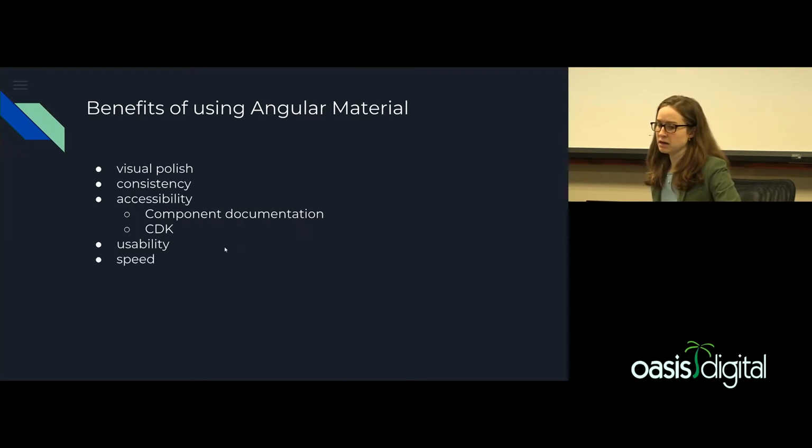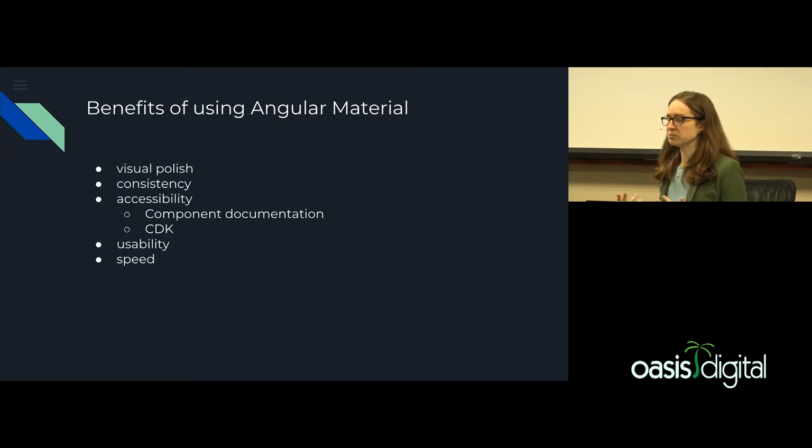And then speed. This also has 2 parts. There's the speed of not having to write all of the code for all of these components. The Angular Material team has taken the time to write all these components, and a lot of work has gone into those, and you won't have to re-implement all of that work when you want to use the components.